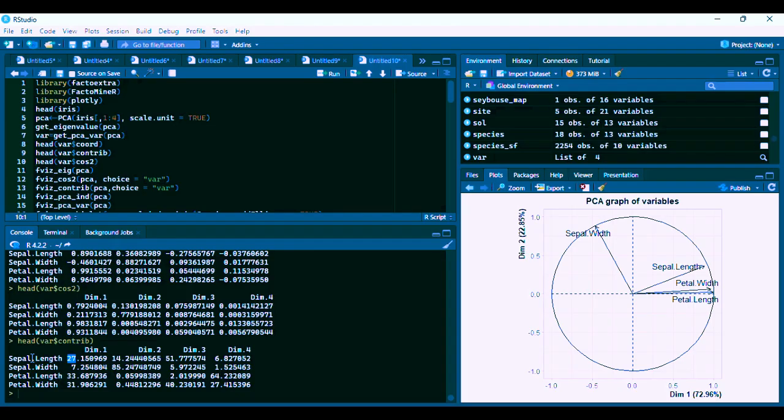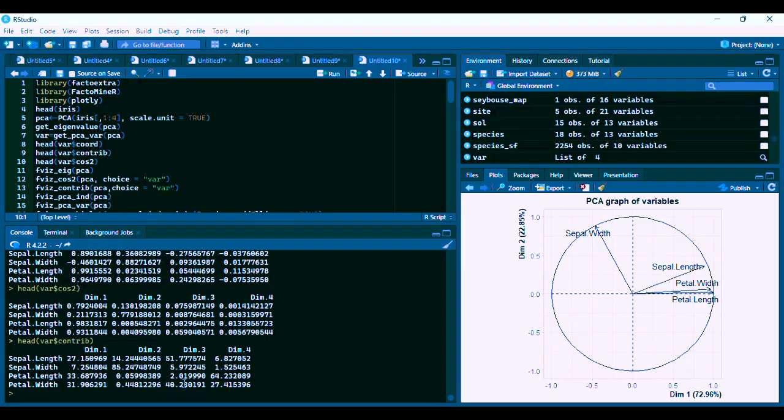Contributions sum to 100% for each dimension, and this dimension is also constructed by 85% contribution of sepal width here, the first dimension. According to the Kaiser rule, we need only to keep the first dimension, because the first dimension has an eigenvalue greater than 1.